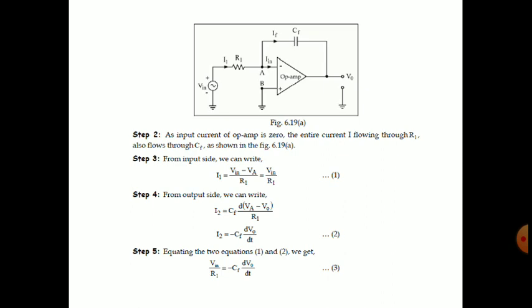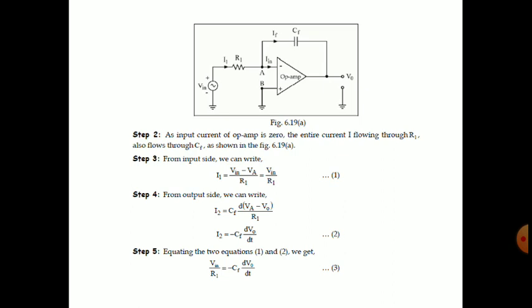Because why is the input current 0? Because VB is equal to 0 as it is connected to ground, and VA is also 0 because of the virtual ground concept. And I have already told that the op amp has very high input impedance, so it will not allow any current to flow through it.